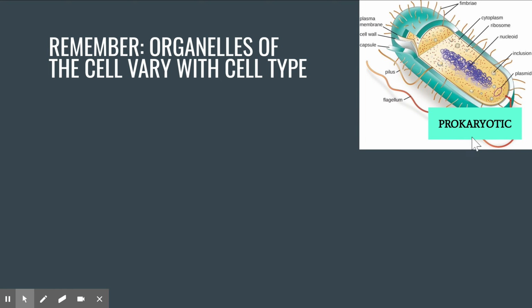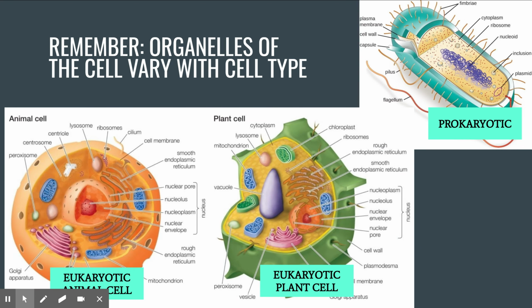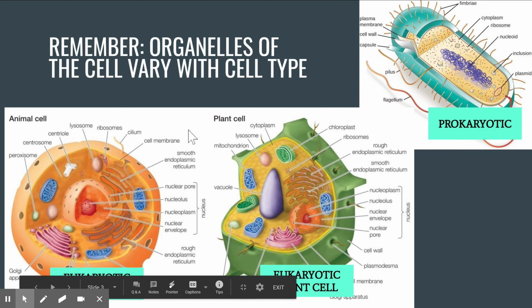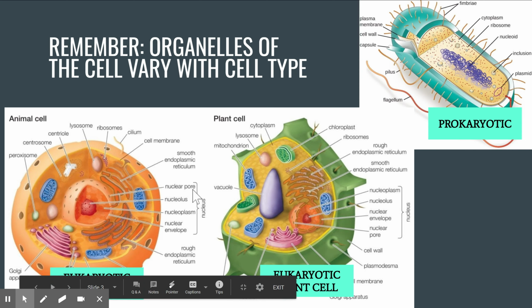Remember, pro rhymes with no. Prokaryotes do not have a nucleus. The other type of cell that we covered on Monday was eukaryotes. On my screen right now, I have a picture of a eukaryotic animal cell and a eukaryotic plant cell. If I look at both of these images, I see this orange circle in the middle that is labeled as the nucleus.